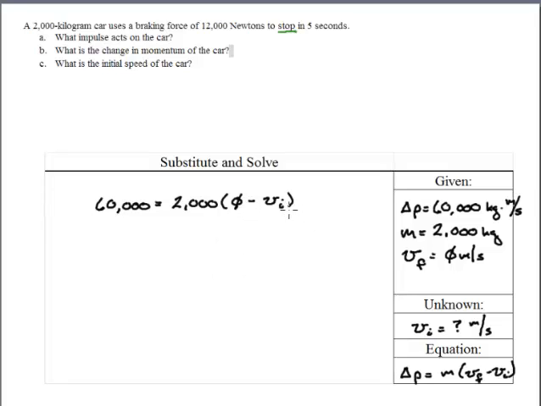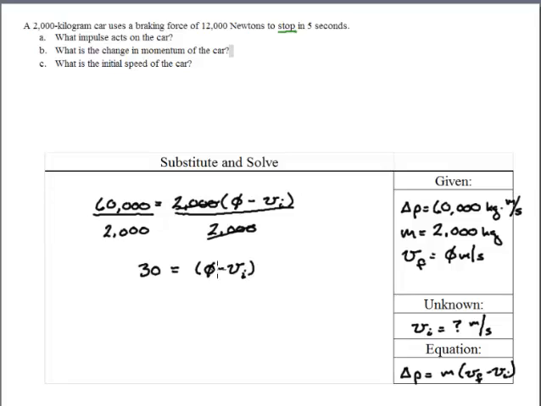Now I need to get this velocity initial all by itself on the right hand side. So I'm going to divide by 2,000. That allows me to cancel, and whatever I do to the right, I have to do to the left. So when I do my math, I get 30 equals 0 minus velocity initial.